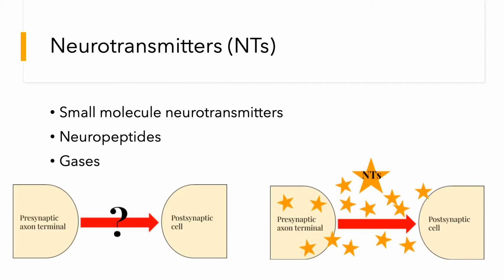At the core of chemical signaling are neurotransmitters. Neurotransmitters can be lumped into three generalized types: small molecule, neuropeptides, and gases. Neurotransmitters are any molecule or chemical released by a neuron to elicit a response in a neighboring cell. These neighboring cells can be any type of cell, not just neurons.